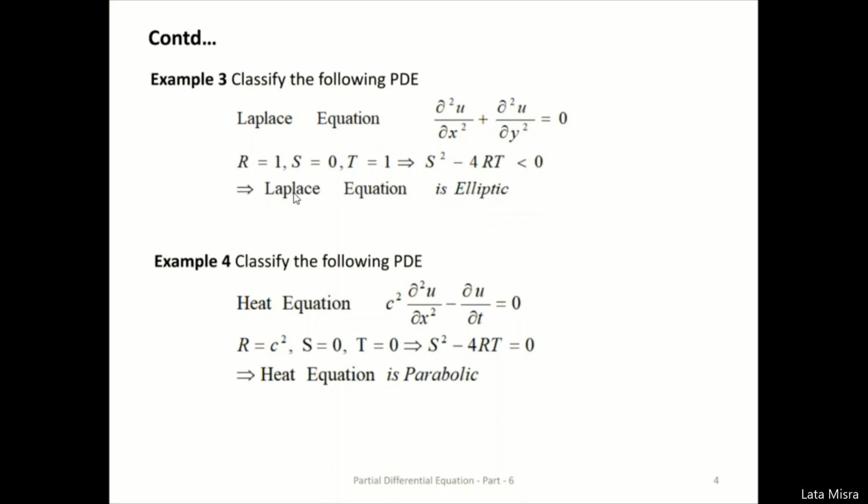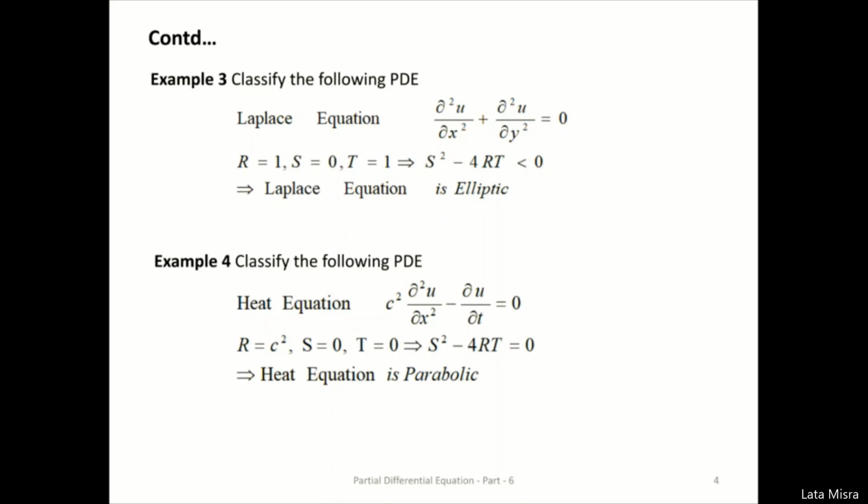We get R equal to 1, S equal to 0, T equal to 1, and when we use R, S, T in S square minus 4RT, we get minus 4 because S is 0 and the product RT is 1. So we have minus 4, and minus 4 is less than 0. So this Laplace equation is elliptic.